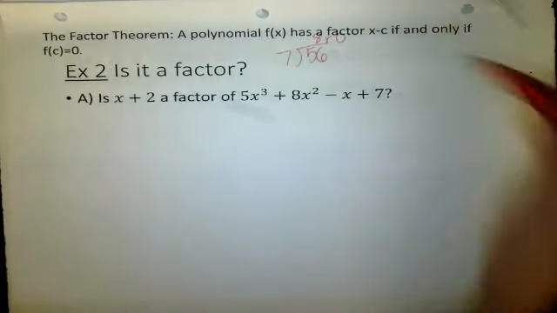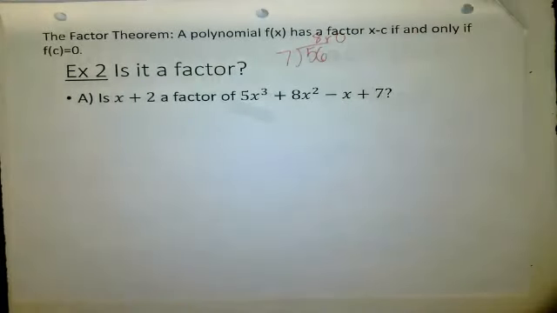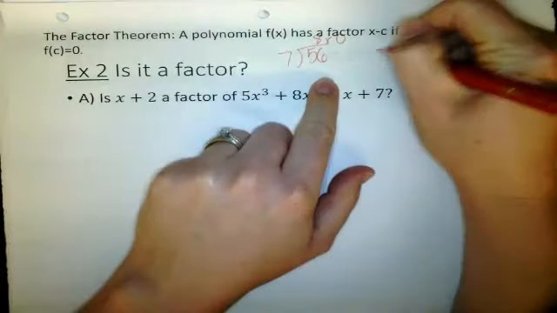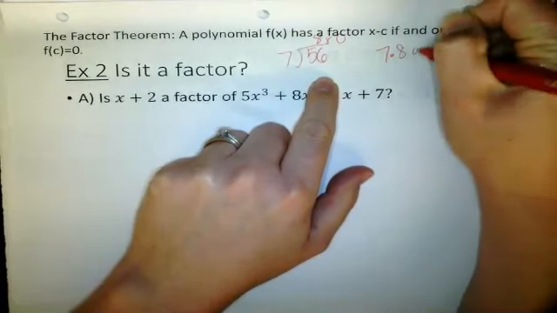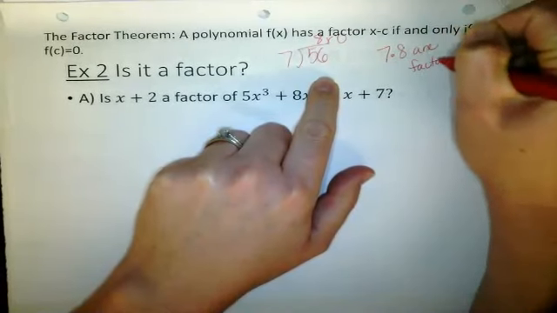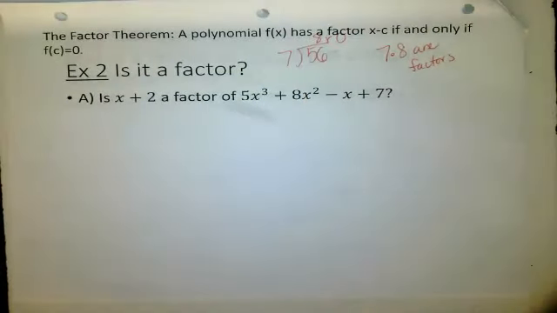Now, because it has a remainder of 0, we can say that 7 and 8 are factors. Because if you divide 56 by 7, you get 8, remainder 0. If you divide 56 by 8, it goes in 7 times, remainder 0. Those remainders of 0 mean they divide evenly. And because they go in evenly, those are factors.